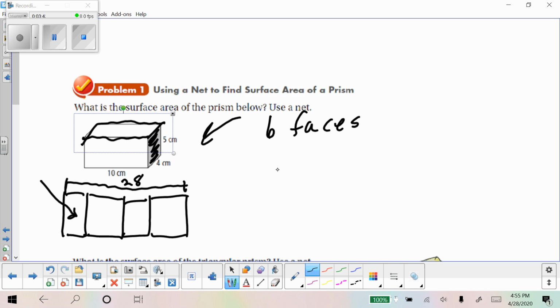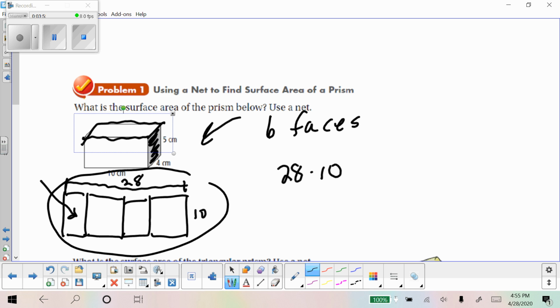So if we take that 28, that perimeter, and multiply it by the height, which in this case would be 10, that'll give us that part of the area. And then we just have to add the 2 bases. The reason I'm using this method is because this will work for finding the surface area of any prism or any cylinder. So, we're going to take 28 times 10 plus 2 times the area of one base.